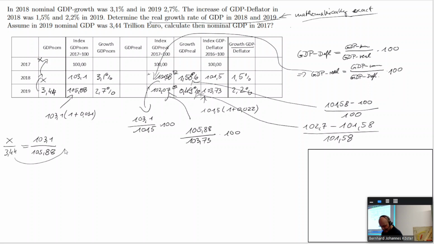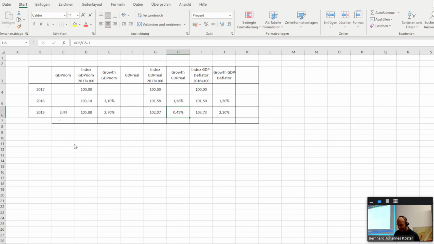Solving this for x is just multiplying this by 3.44. Okay, so this one is then this over this times 3.44, which is 3.35.